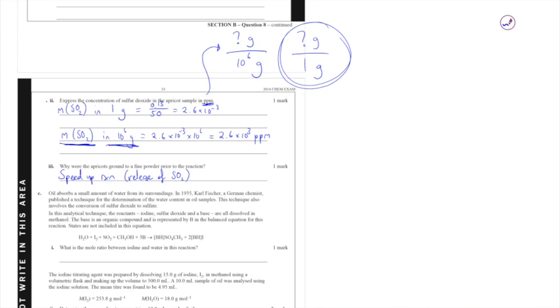Another reason that you could write down is to ensure all SO2 is available for reaction. Both of those answers were acceptable this year. To be specific though, it was stating this release of SO2, and you wouldn't have gotten a mark if you simply said speed up reaction, because they wanted you to say what specifically was being sped up.